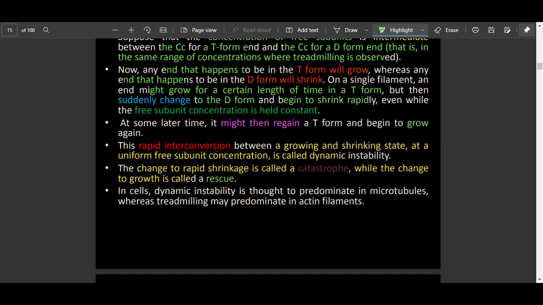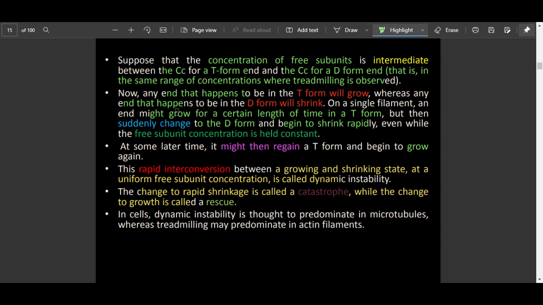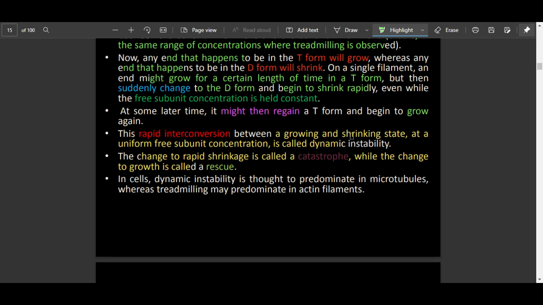At a later time, it might regain the growing state and begin to grow again. This rapid interconversion between a growing and a shrinking state at a uniform subunit concentration is called dynamic instability.